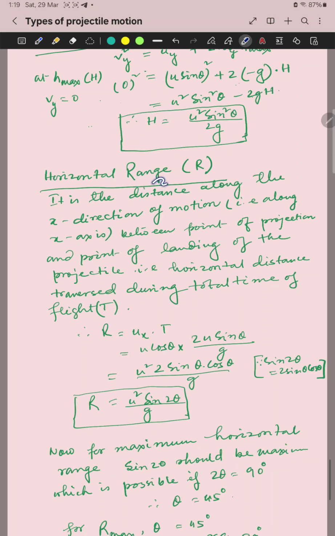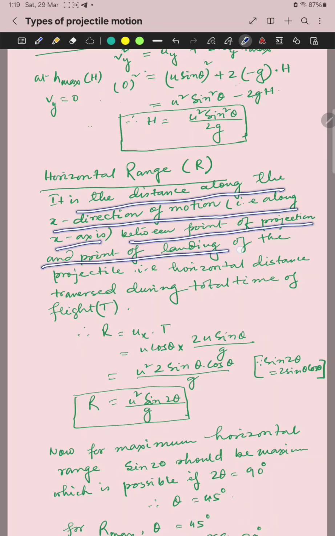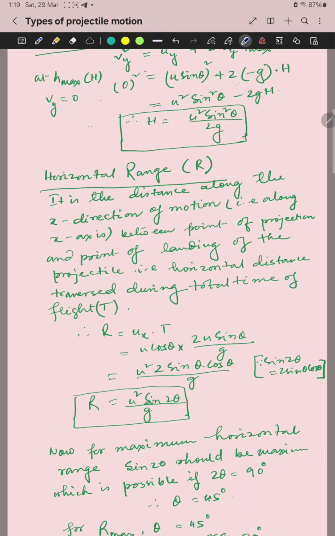Next is the horizontal range R. It is the distance along the x direction of motion, that is along the x-axis, between the point of projection and the point of landing of the projectile. That is the horizontal distance traversed during total time of flight, capital T. To find distance, we multiply speed into time.